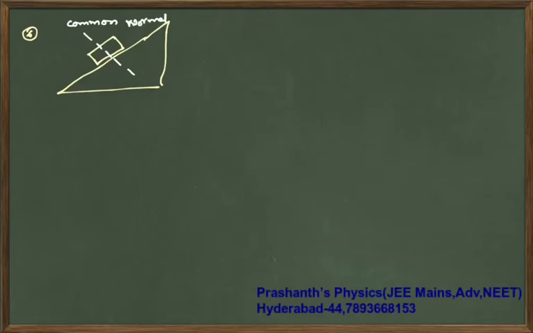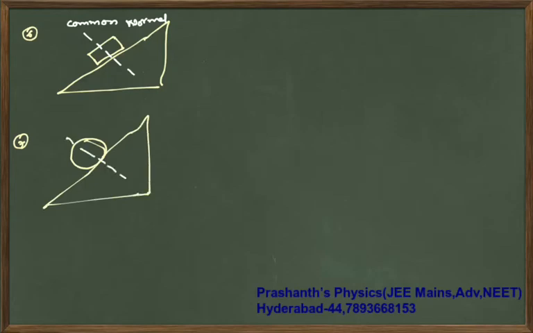Next, your next case is you have probably some kind of wedge and a sphere like this. In this case your common normal will be acting this way.